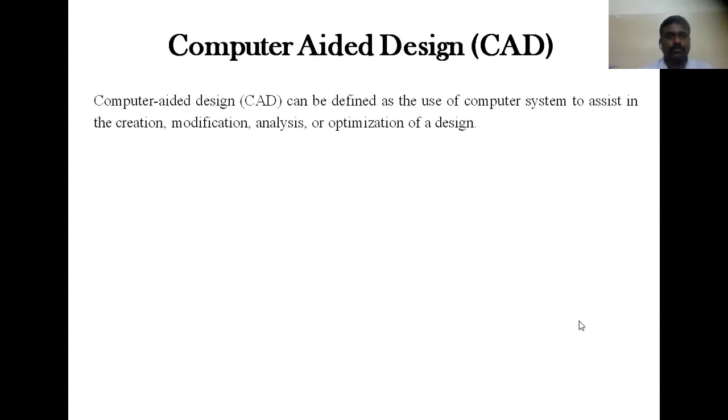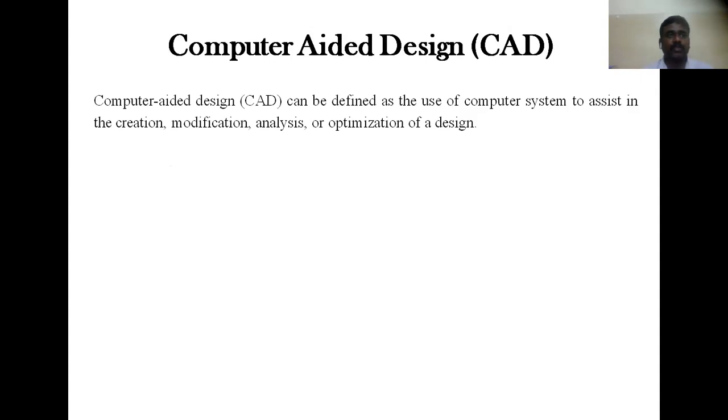So we can say the definitions are given like this. CAD is defined as computer-aided design. It is the use of a computer system to assist in the creation of designs, modification if any modifications are necessary, analysis, that is, the performance analysis of the component, and optimization of the design.